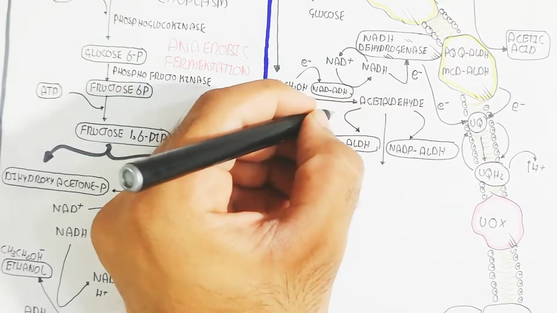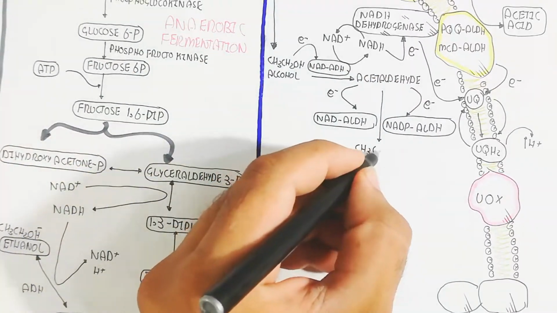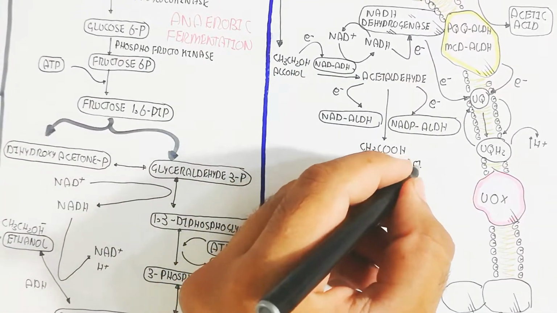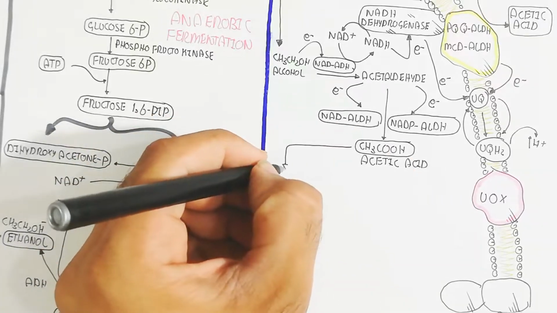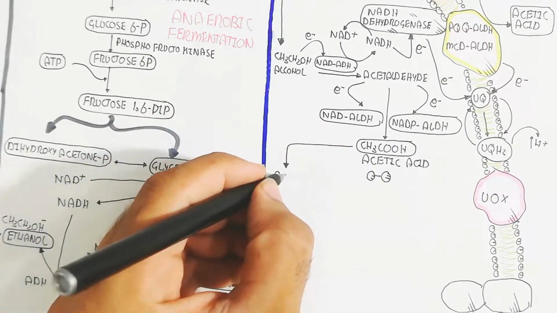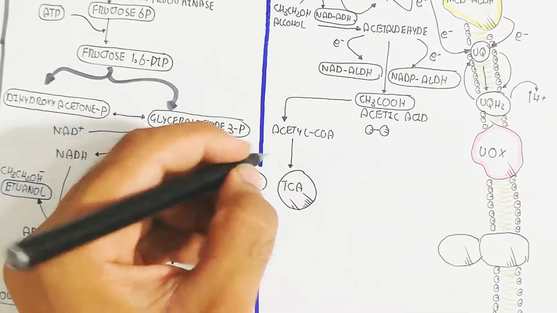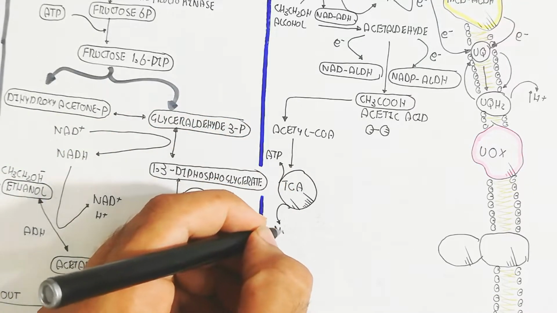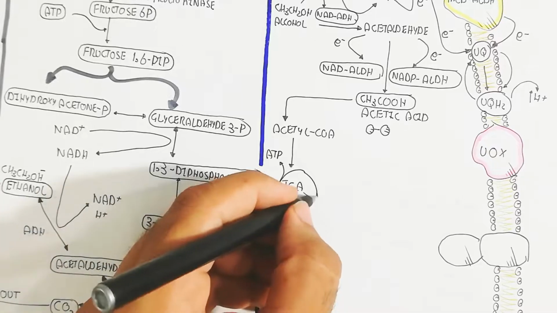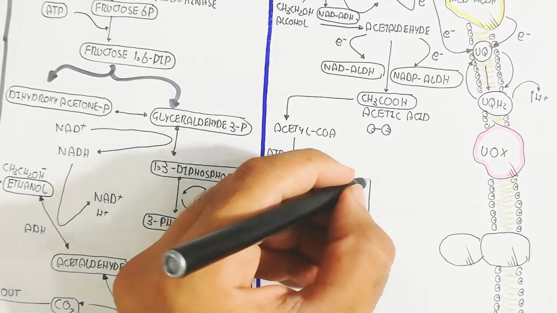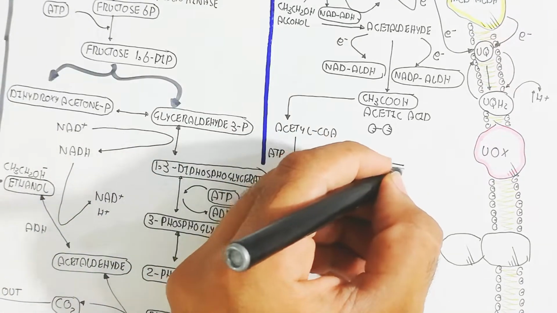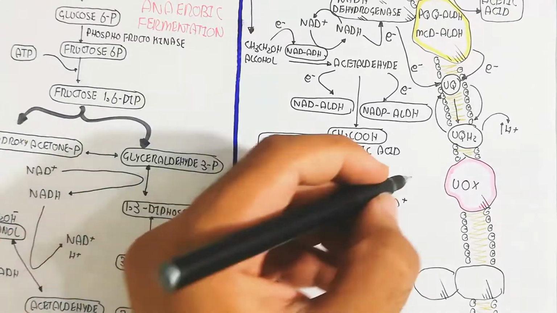And in this way, the acetaldehyde will convert into NAD aldehyde, and the NAD aldehyde dehydrogenase enzyme is used to produce acetic acid. And this acetic acid intracellularly can be converted into acetyl-CoA by the acetyl-CoA synthase enzyme to go into the Krebs cycle to produce ATP, NADH and FADH2.